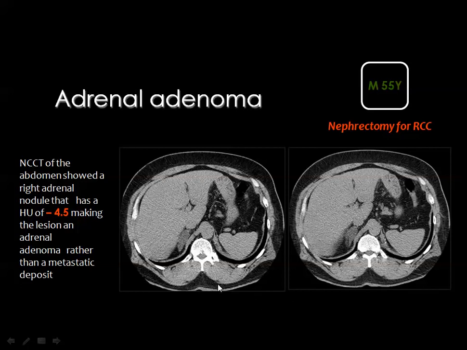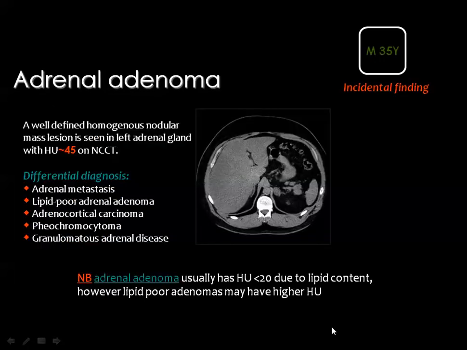Then this patient had a renal cell carcinoma and had a suprarenal mass on the right side, but the density of the mass is minus 4.5, making the diagnosis of lipid-rich adenoma more likely than metastatic deposit.